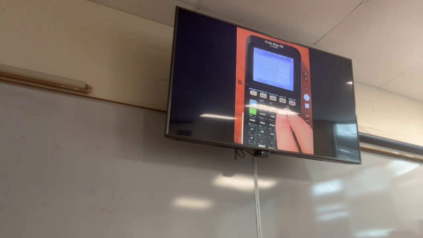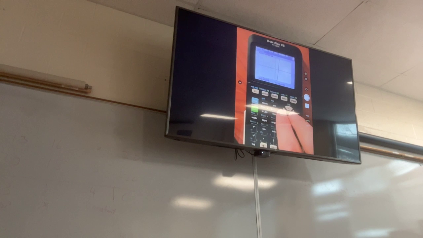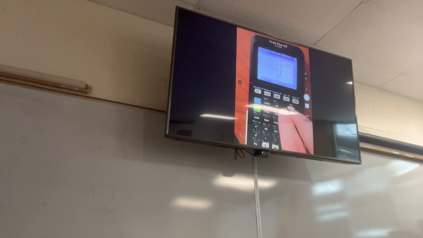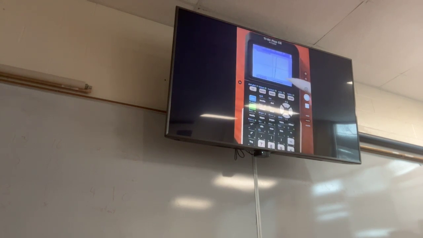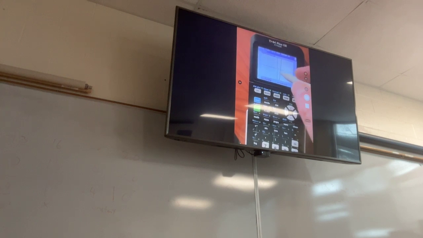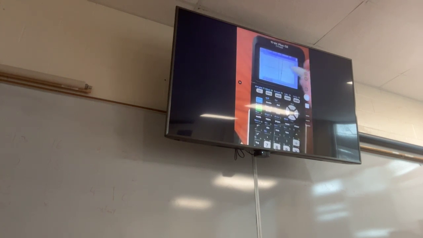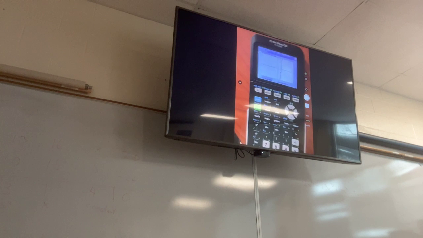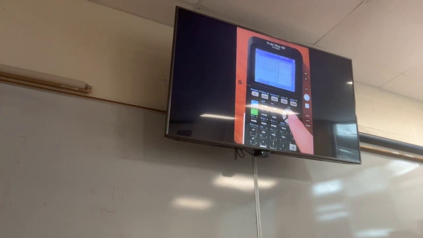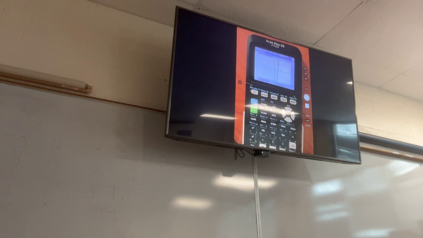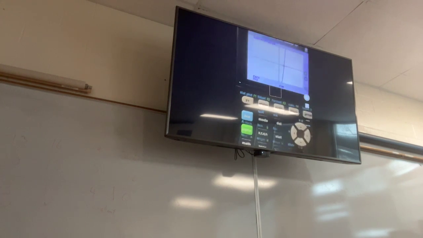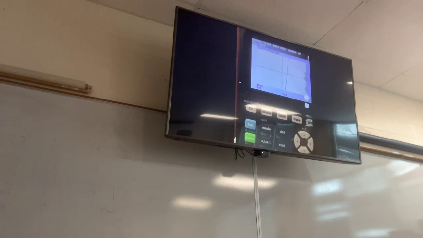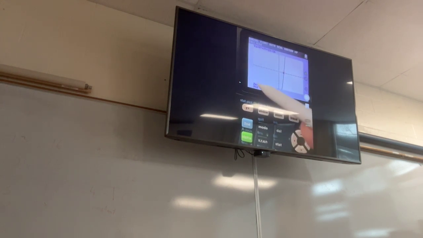For left bound, use the arrow keys to move the cursor somewhere to the left of where it intersects the horizontal axis. Hit enter. For right bound, put your cursor somewhere to the right of it, hit enter, and when it says guess, hit enter again. It'll tell you my graph is crossing the x-axis at x equals 2, okay?